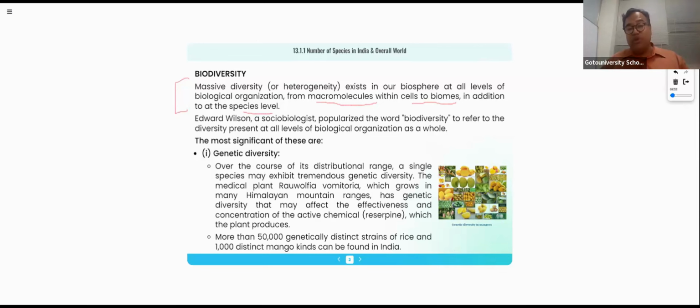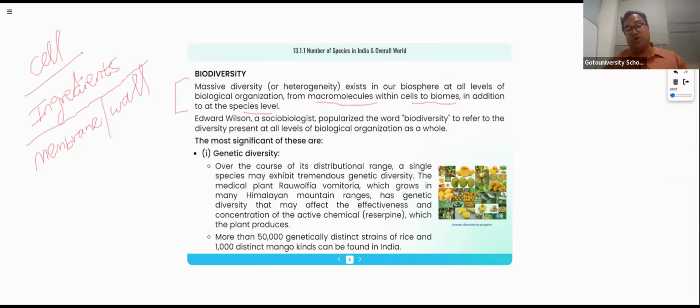We know each and every cell of various sizes and shapes sustains in a different medium because of the specific ingredients in its membrane. The specific ingredients of the membrane or cell wall make the cell sustain and thrive more efficiently in a different medium.